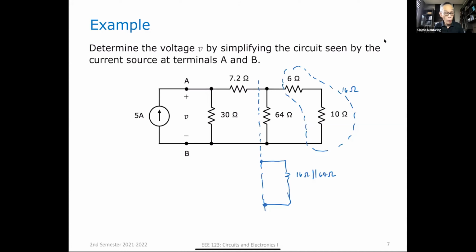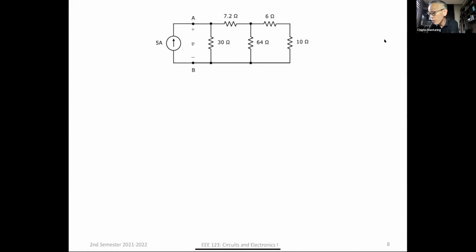Okay, which is 12.8 ohms. So with respect to these two terminals, this is equivalent to 12.8 ohms. And then what do I see next?